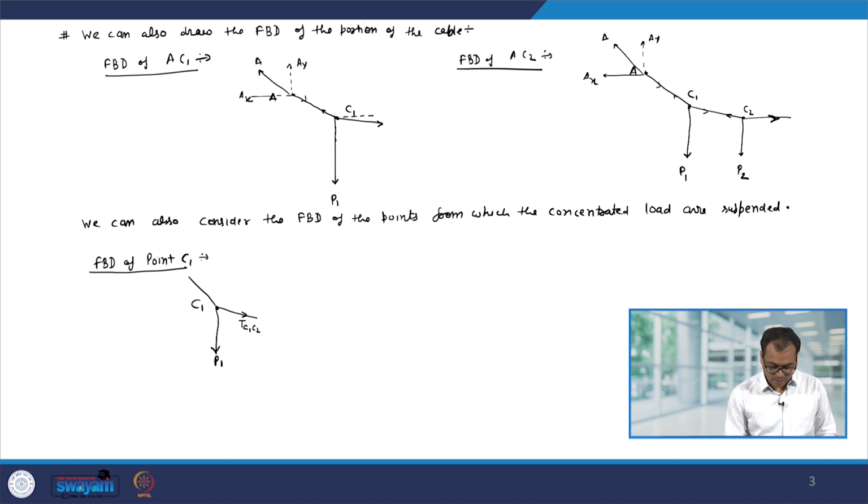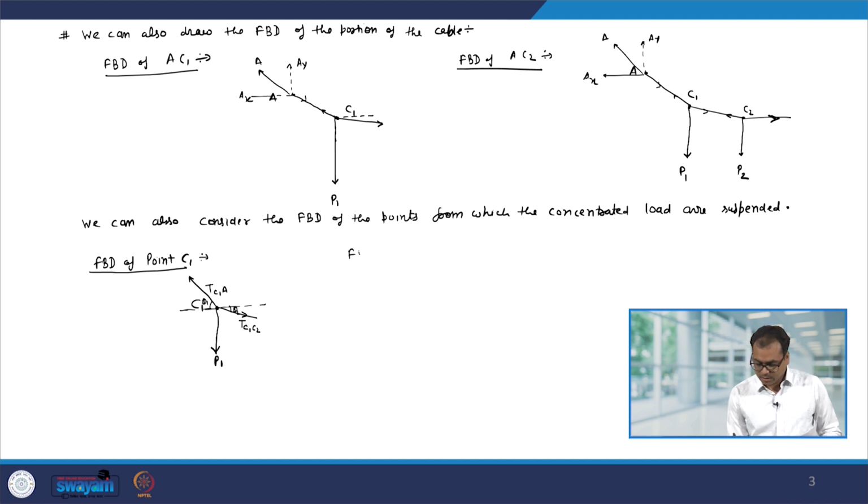Similarly, you will have a force along the direction A. So, let me call it T from C1 to A. Okay. So, this is the free body diagram of this. So, you can also draw the horizontal line, and you can say, well, let us say this angle is theta 1, this angle is theta 2. So, this completes the free body diagram of point C1.